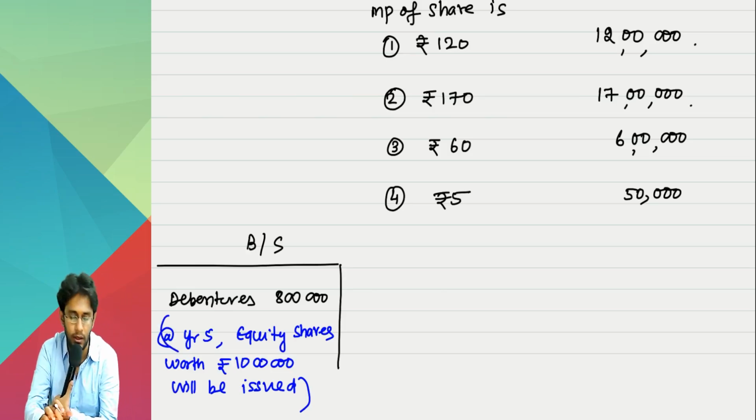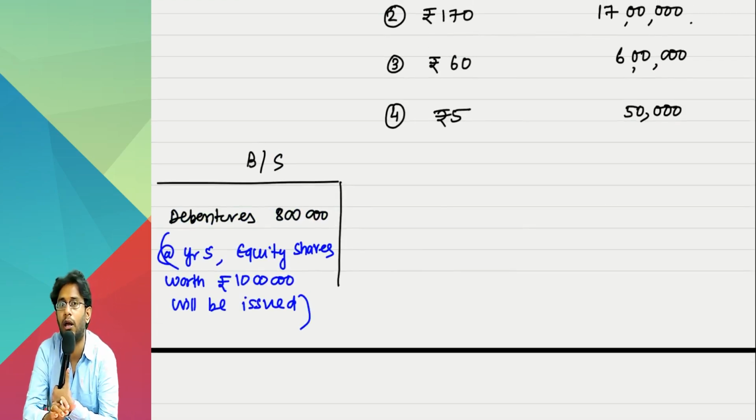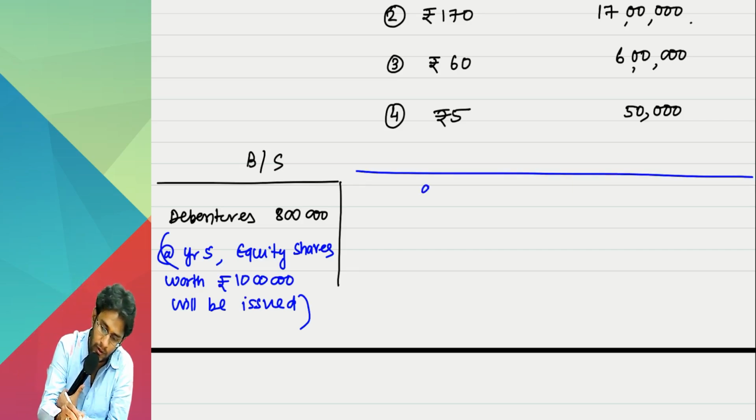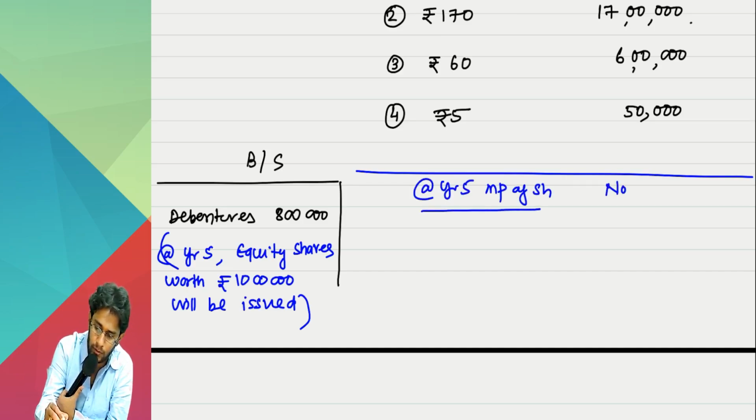Today they paid me 8 lakhs, but what I am going to give them is not 10 lakh shares, 10 lakhs worth of shares I am going to give. So let's see what will happen. At year 5, market price of the share, and then we'll also calculate the number of shares to be issued.